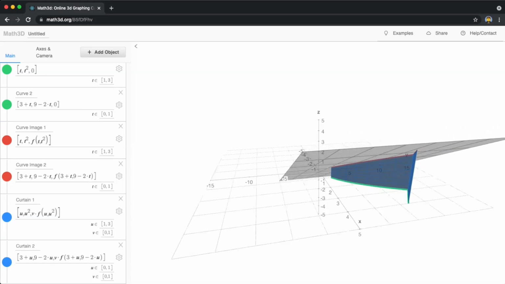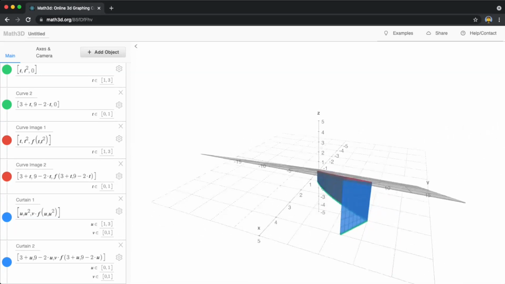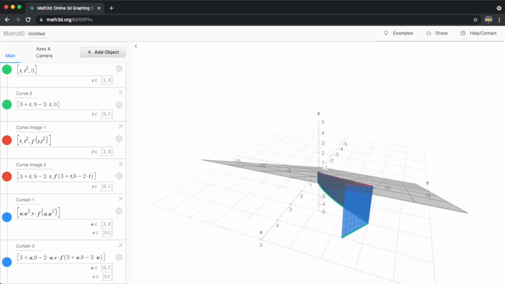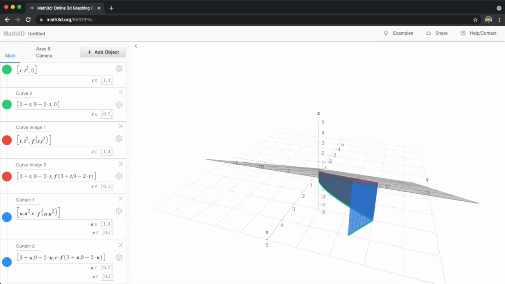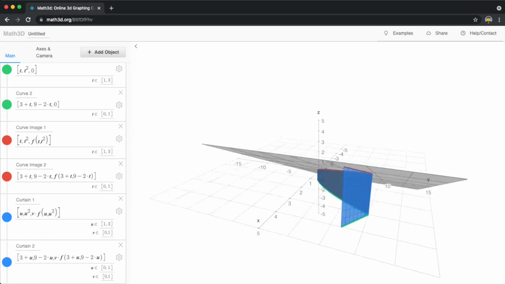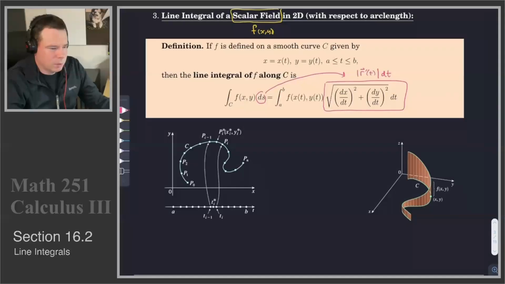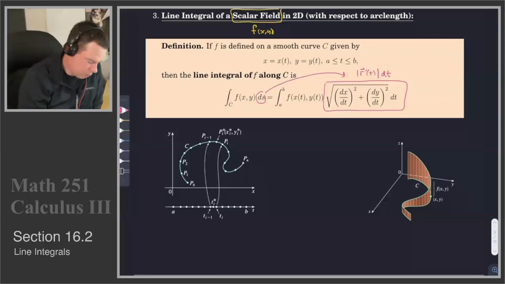If I think about it as an area problem, I'm going to need to know the width of a little bit. And the width of a little bit is given by the length of the green curve that I've sampled along, so that's essentially the arc length of the green curve. So what I'm doing is integrating my function against the arc length of the green curve. We'll get another view of that, but that's basically the idea of what we've got in order to come up with this integral.